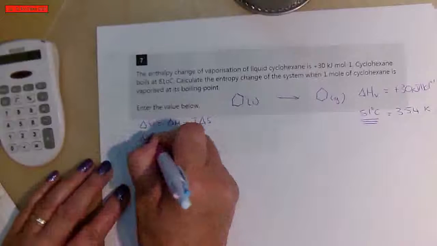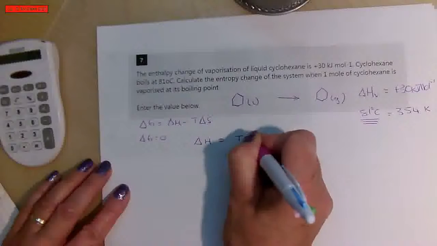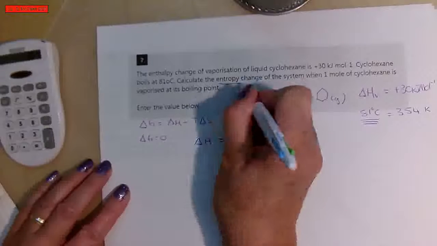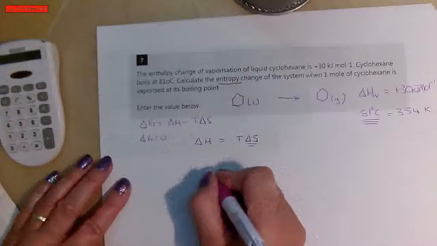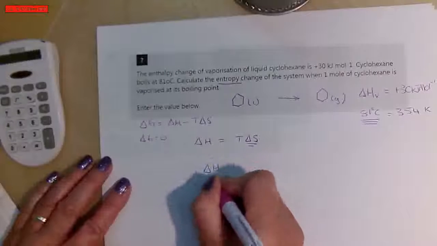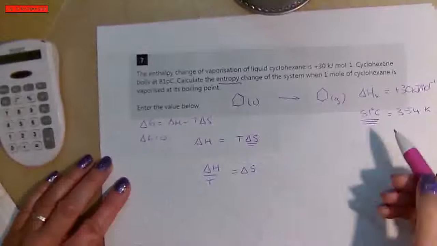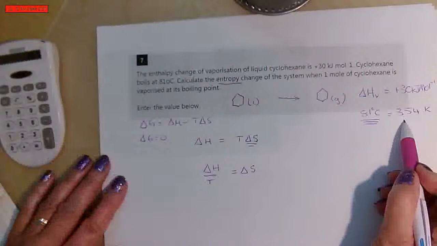So what we have is delta H equals T delta S. It's requiring us to calculate delta S, so we'll get delta S on its own, so delta H over T equals delta S. H it's given me, T I've just worked out, so I can work this out.